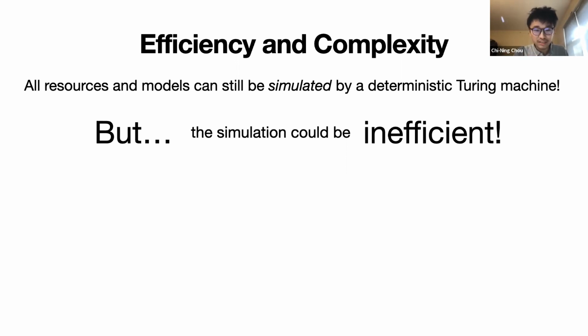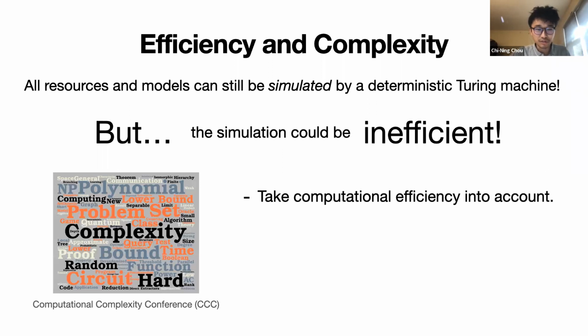Imagine nondeterminism: although a Turing machine can simulate it in some sense, it will intuitively be very inefficient. How can we formalize this intuition and study it? This question gave birth to a field called computational complexity.